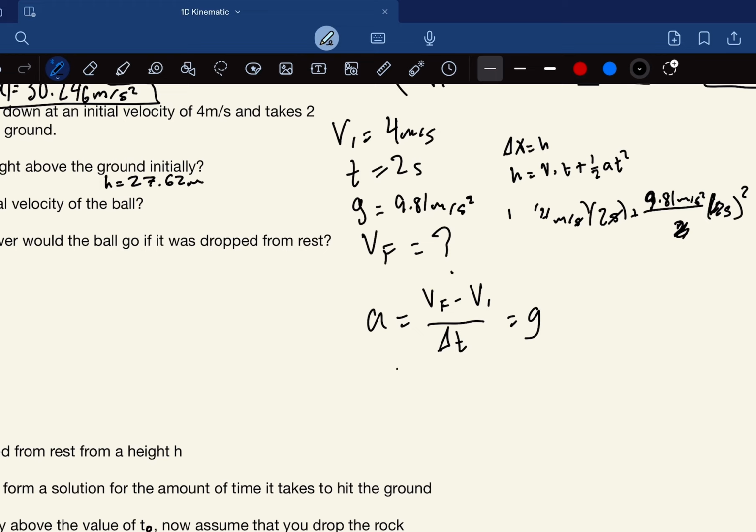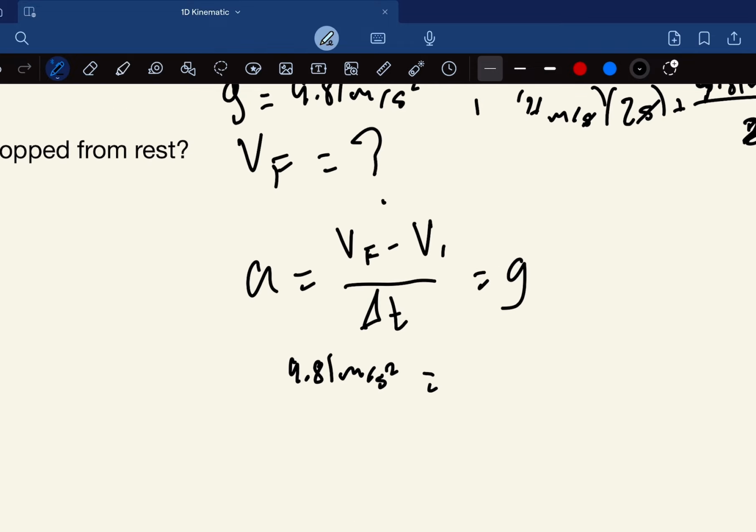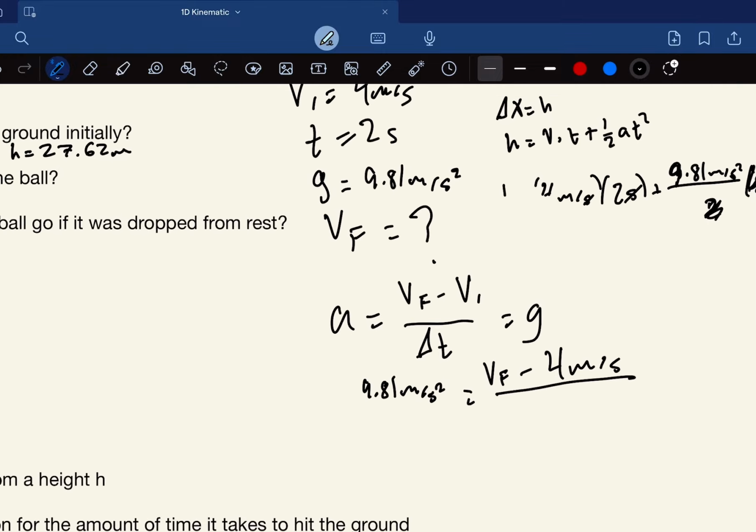So we have 9.81 meters per second squared equals VF minus 4 meters per second, all divided by the change in time, which is 2 seconds.